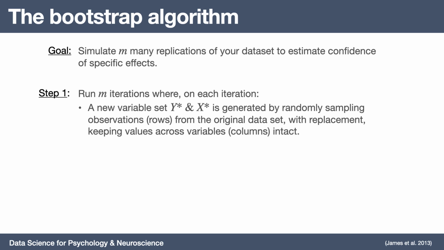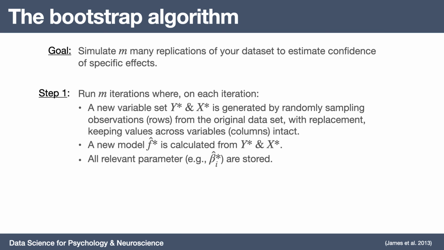So now you're creating new y's and x's, generated by randomly sampling observations, rows, from the original data set with replacement, keeping values across variables, columns, intact. You create a new model now, f hat star, that's calculated from these newly generated pulls of the bootstrap. All relevant parameters that you need, the regression coefficients, are stored.